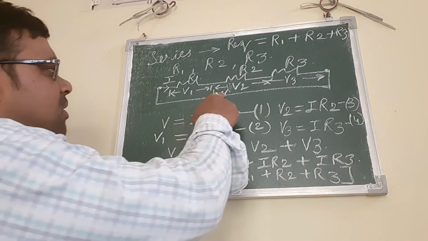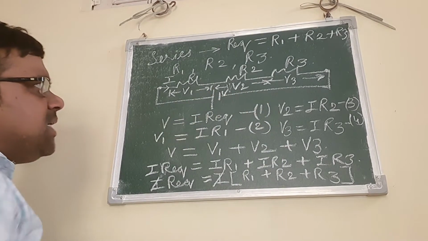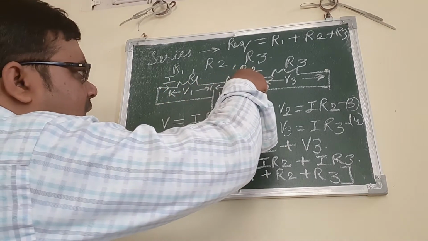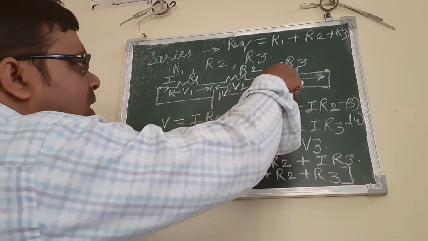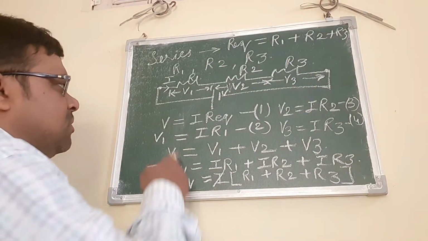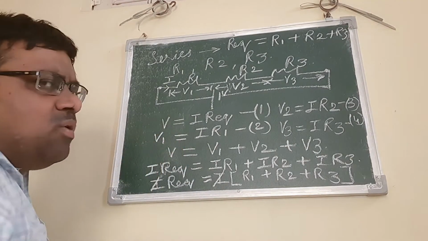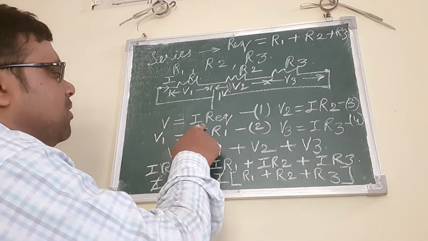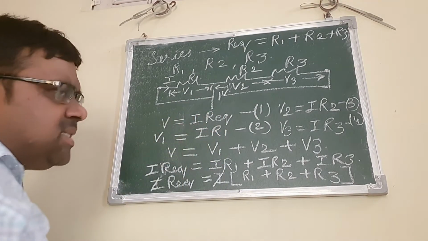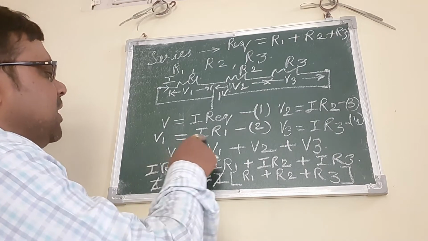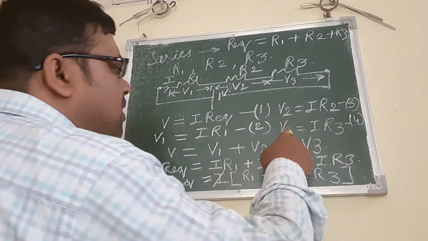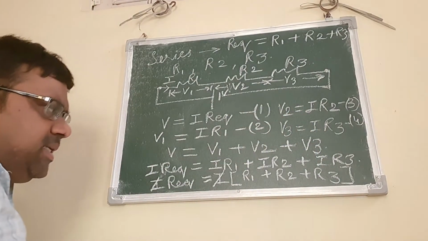The voltage across the battery is V. The voltage across the R1 resistor is V1, across R2 is V2, and across R3 is V3. So we can write the equations according to Ohm's law. V is equal to I into R equivalent, where R equivalent is the equivalent resistance. V1 equal to I times R1, V2 equal to I times R2 and V3 equal to I times R3.